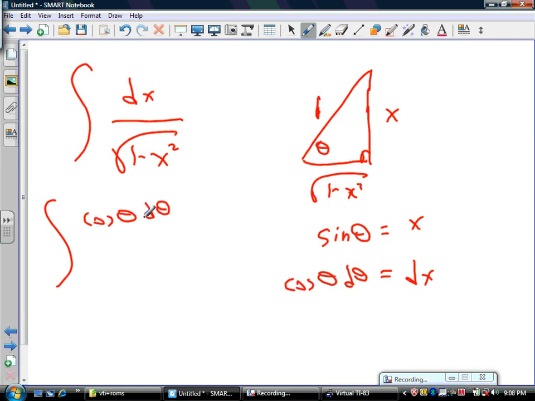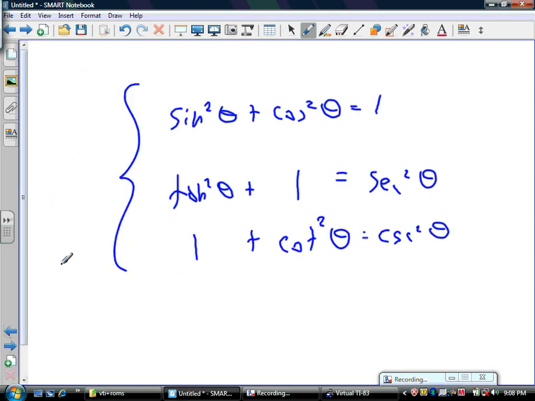That replaces the numerator over the square root of 1 minus x squared, but x is sine. But what is 1 minus sine squared? It's cosine squared. If I move sine squared over, I get cosine squared.